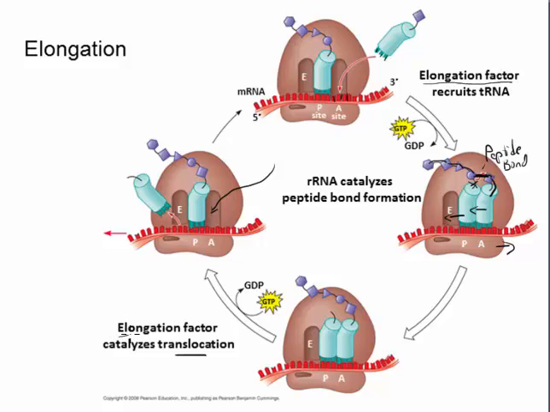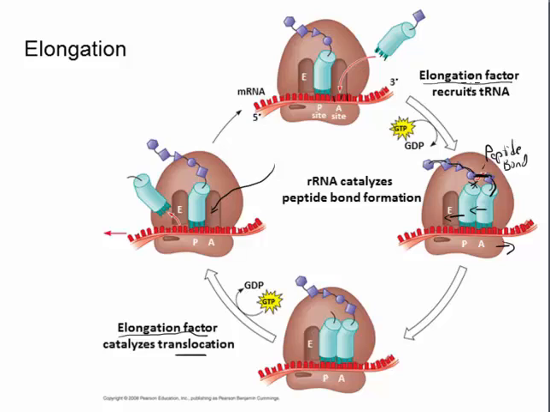Just like we saw with our initiation factors, there are specific elongation factors that catalyze each step, chaperoning the tRNA to the A site and translocating the ribosome down the mRNA. But we're just going to collectively refer to them as elongation factors.